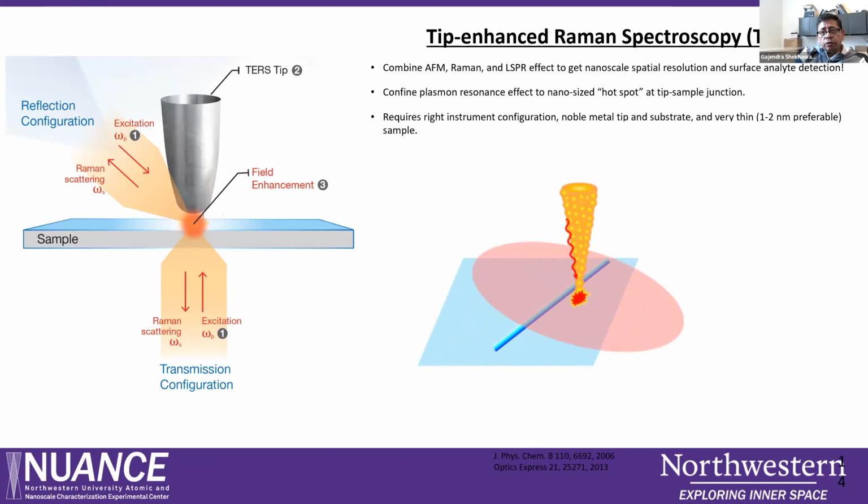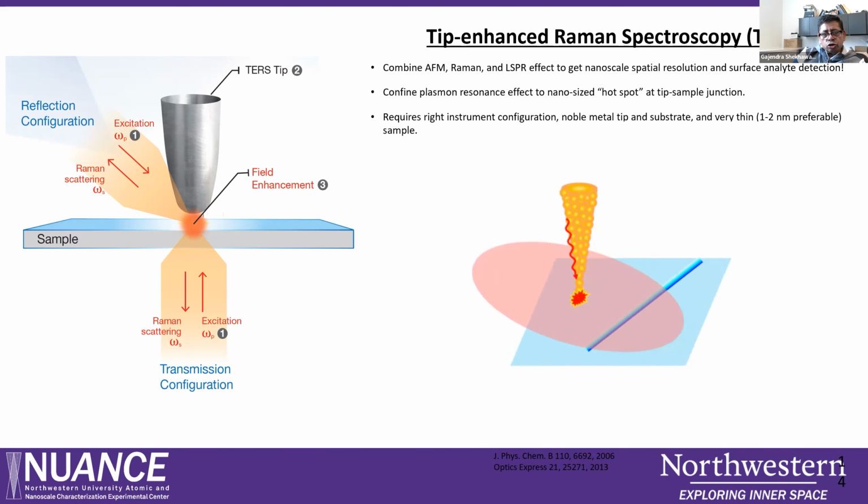So if you see here on the left side, it's a combination of Raman and SPR to get this nanoscale resolution. We confine that plasmon resonance within that small hot spot, which is right underneath the tip-sample junction. And on the left is a detailed configuration of how we can do this TERS in the reflection mode and in the transmission mode.